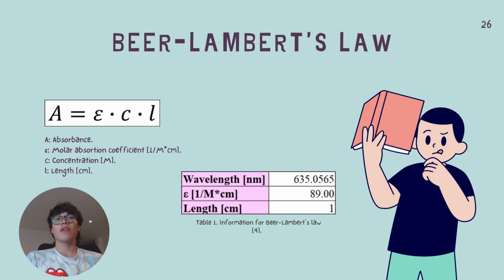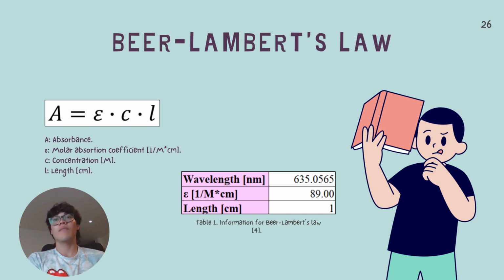And also we have here the wavelength, which is 635 nanometers. That is the wavelength at which the absorbance is the maximum in every graph that we already presented to you. And also we have here the molar absorption coefficient, which is 89. This value is specifically for the wavelength of 635, and it is for acetic acid, even though our repellent was made essentially from water.